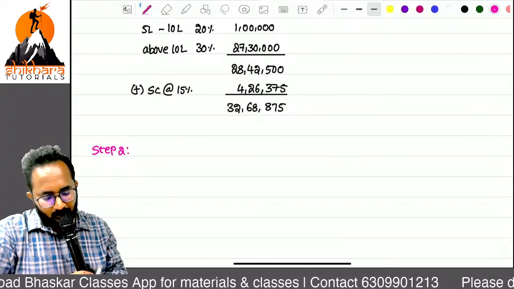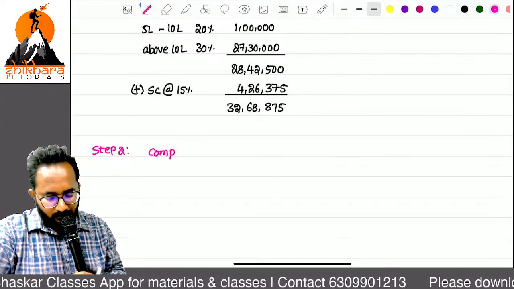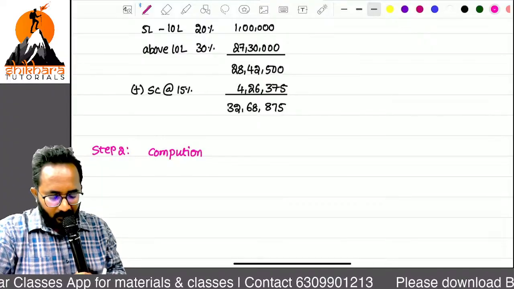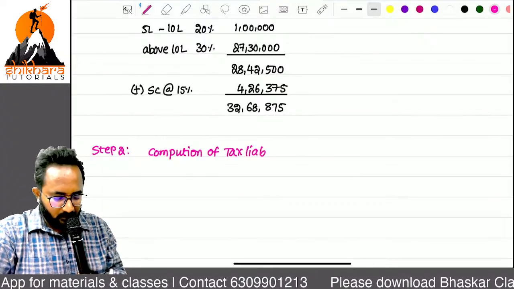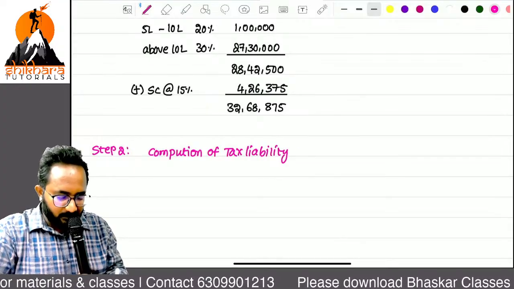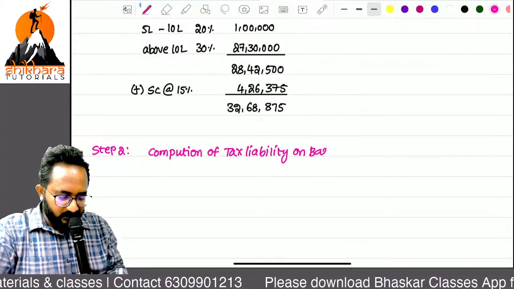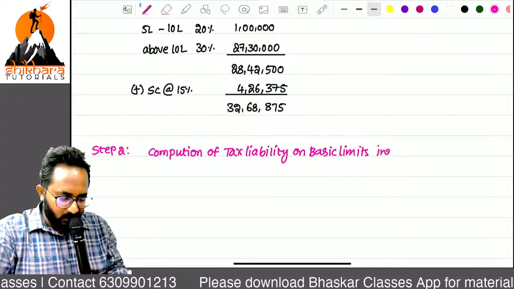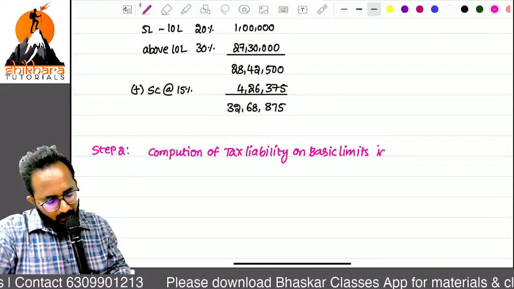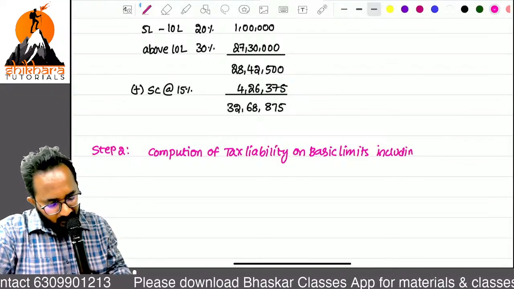Step 2, computation of tax liability on basic limits, including surcharge.